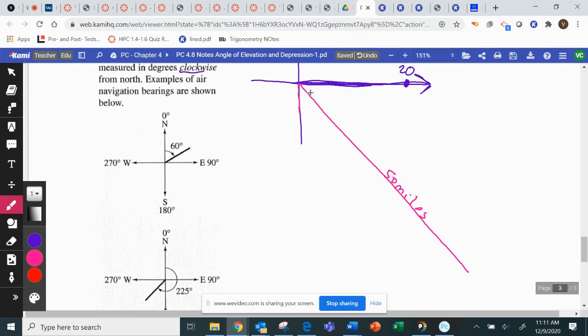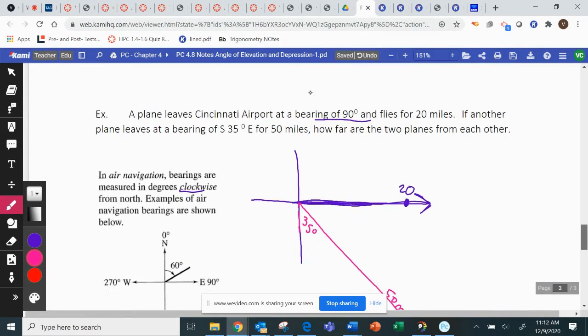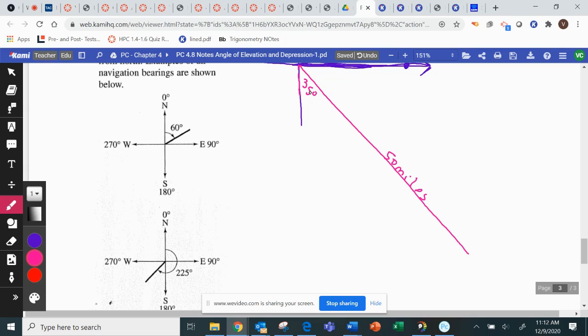So the 35 degrees is here. That one, they didn't use the air traffic bearing. They just told you the directions. And the question is, how far are the two planes from each other?